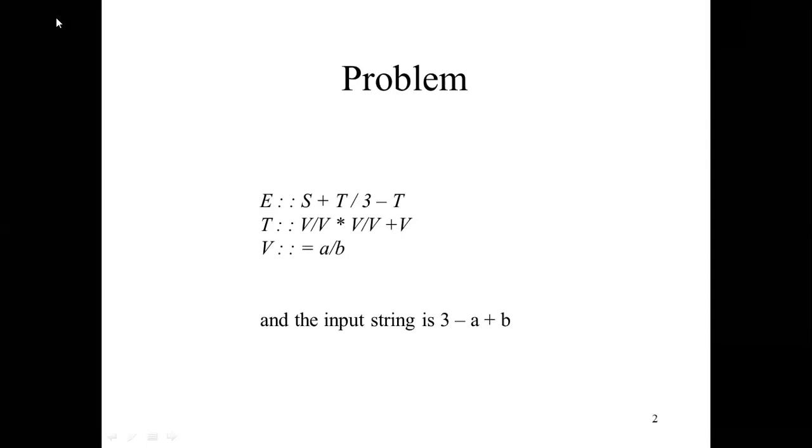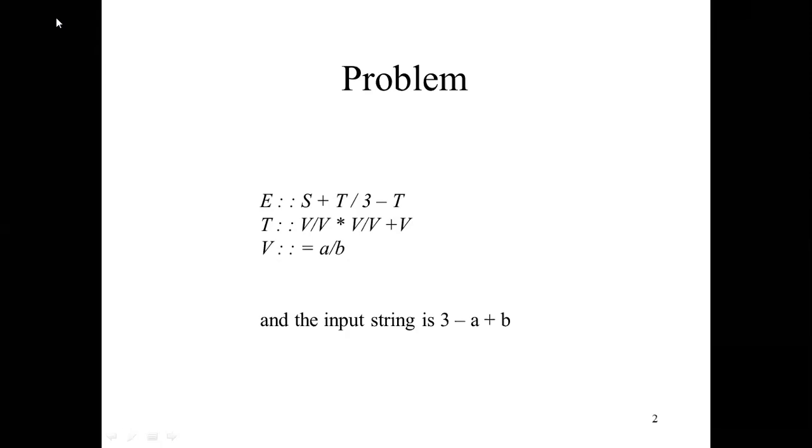Here the given grammar, now just concentrate please. Here the given grammar is E is equivalent to S plus T or 3 minus T. Okay, so here we have two options for the E. Either we can choose S plus T or we can choose 3 minus T as per need, as per requirement, or as per our input string.